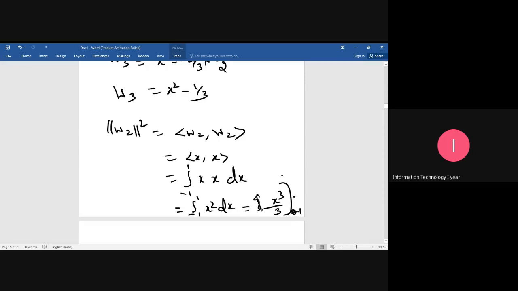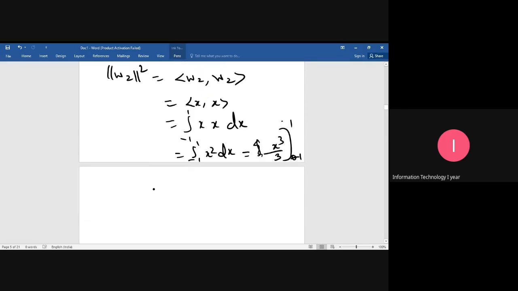The limits are minus 1 to 1. Applying the limit, this will be 1 power 3 by 3 minus minus 1 power 3 by 3. So what is the answer? Norm W2 square is actually 2 by 3, right? This will be 1 by 3 plus 1 by 3. Answer is 2 by 3. So keep norm W2 square.